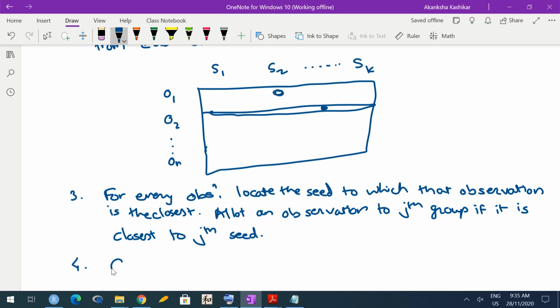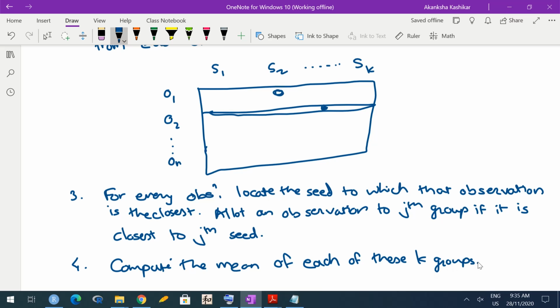Now compute the mean of each of these k groups, and these mean vectors would now become new seeds.